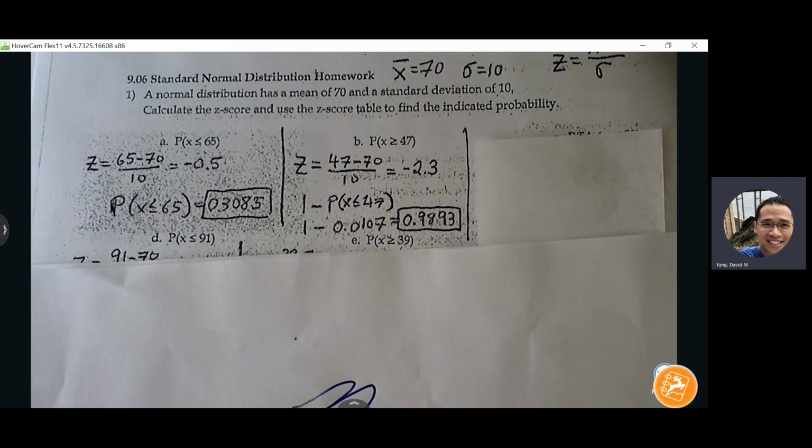It's always asking for a probability. So it's always going to be whatever the table gives you, you keep it in that form.